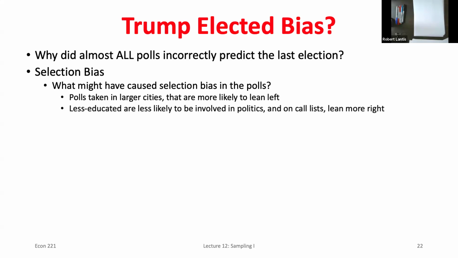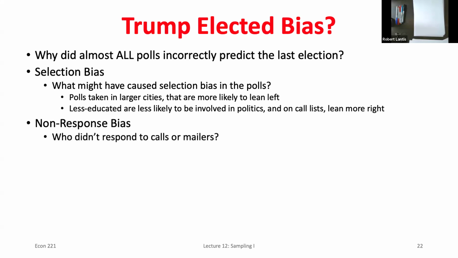Less educated people are maybe less likely to be involved in politics, and they tend to lean more towards the right. So these are more like rural individuals. If they tend to be less educated, they lean more towards voting to the right, they're less likely to be politically involved, and they're not going to end up in these political samples. So there might be some selection bias. I don't know, these are a bit of a stretch, but I do think the non-response bias makes a lot of sense here.